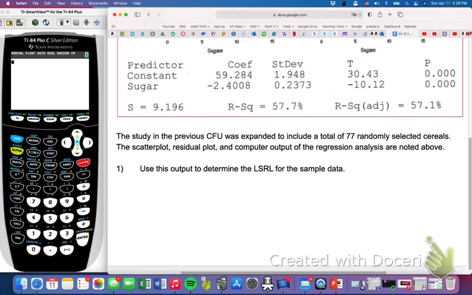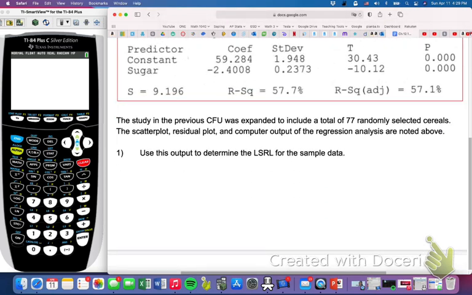So I'm going to show a little bit of the computer output, and let's work on this one. The study in the previous CFU was expanded to include a total of 77 randomly selected cereals. The scatter plot, residual plot, and the computer output of the regression analysis are noted above.